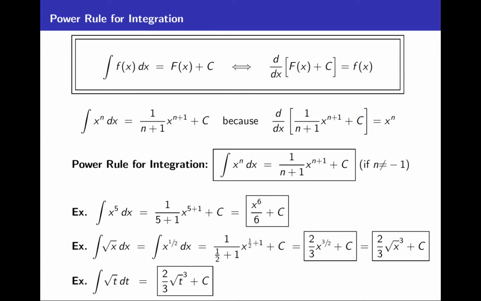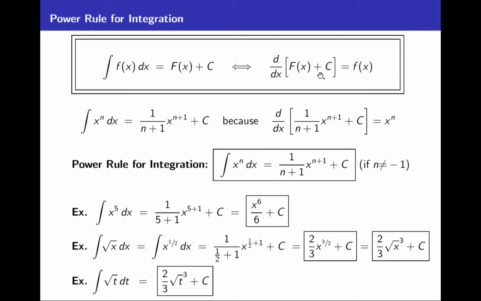Before moving on, I want to point out some things about this dt and the dx. It looks a little strange to have them there, but they're really an essential part of the notational package. Notice over here with the derivative, which we're very familiar with, we had d/dx of f of x plus c equals f of x.